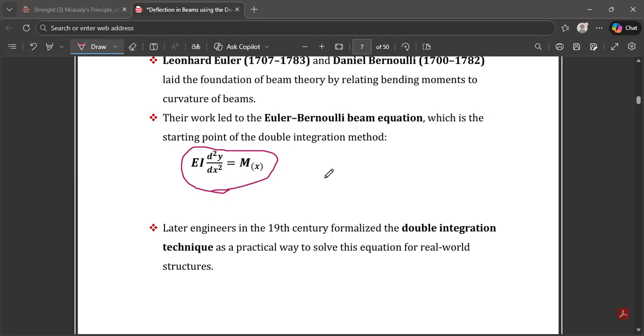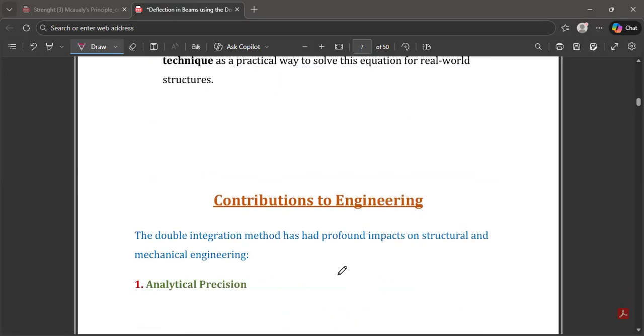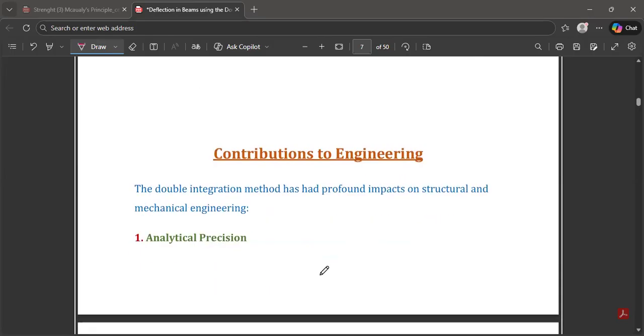All right, let's proceed. Later, engineers in the 19th century formulated the double integration technique as a practical way to solve this equation for real-world structures. Contributions to engineering: that is the contribution that the double integration method has brought to us.